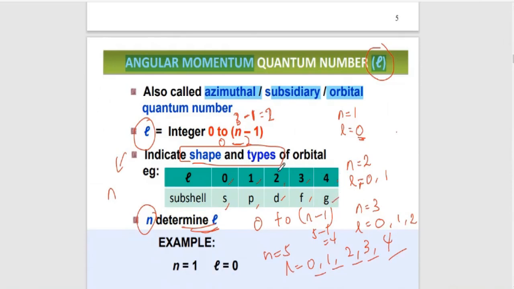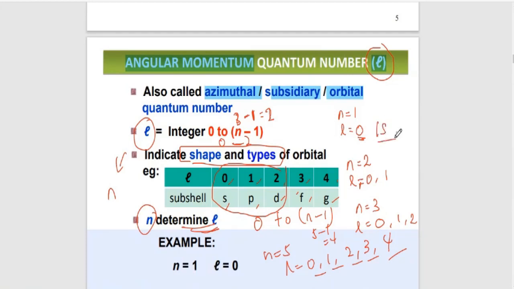But for your syllabus, we only focus on 0, 1, 2. Sometimes you touch a bit on F. G is rare. Maybe they will ask, what orbital is L equal to 5? S, P, D, F, G, then H, I, J, K and so on, following the alphabet. But we rarely go there. Can you understand? So when N equal to 1, L equals 0, so it is the 1S orbital.